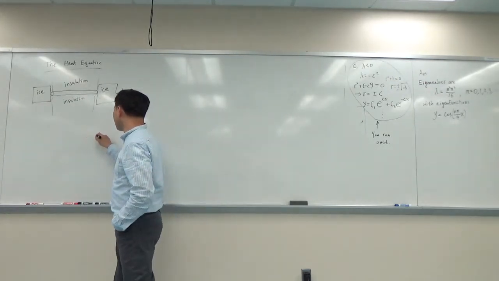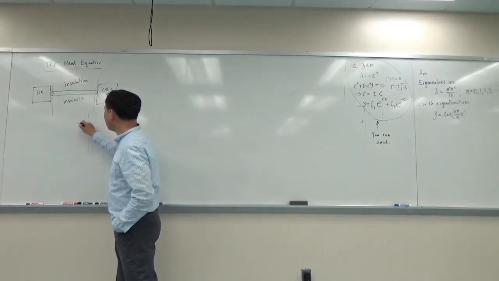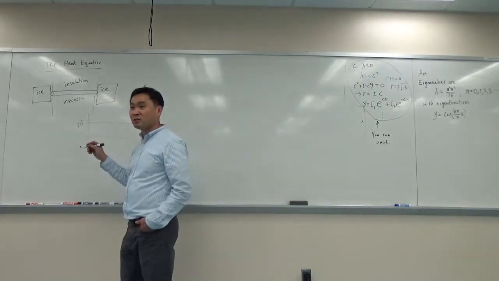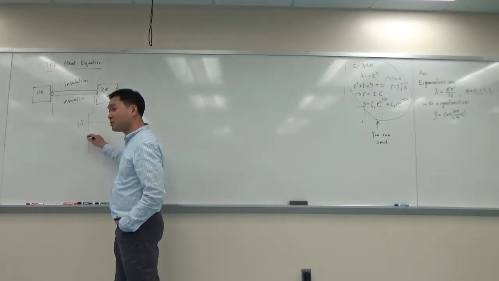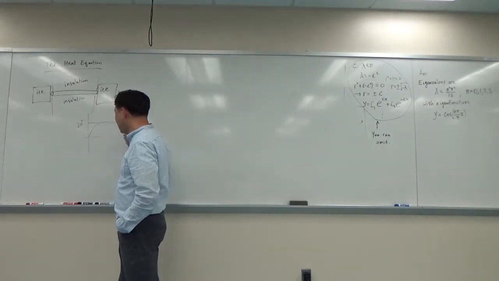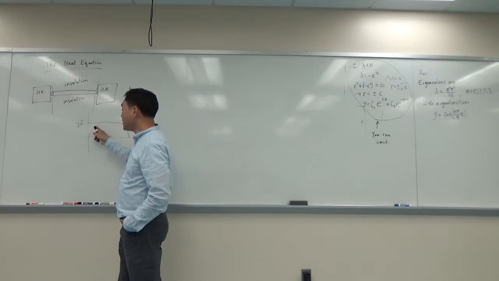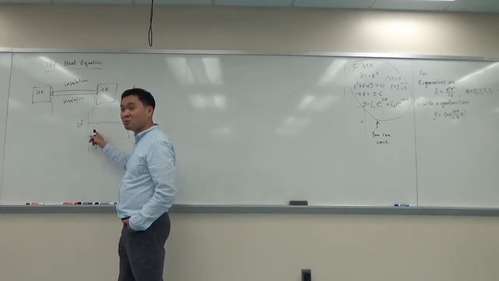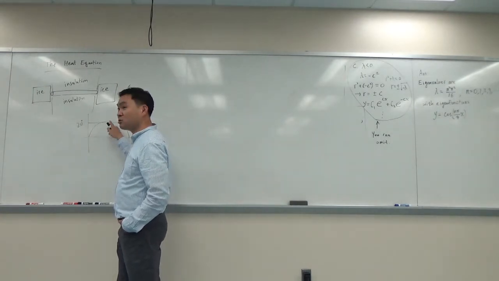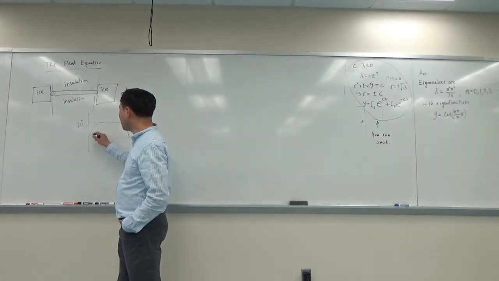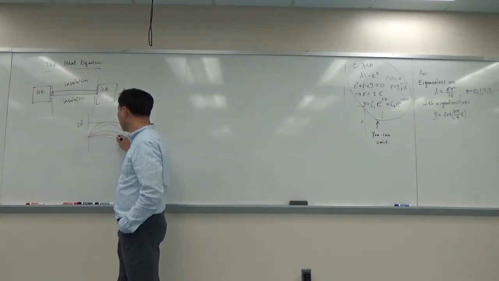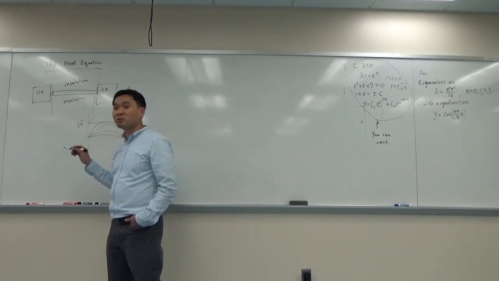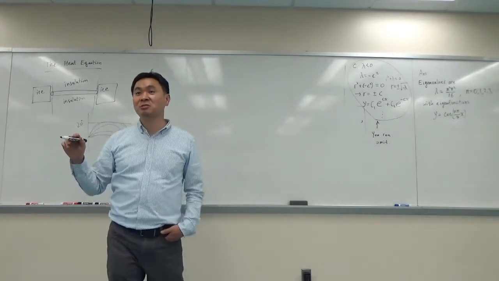Initially it will be 20 degrees Celsius everywhere. But the moment it touches ice at the end, the endpoints will quickly cool down, but it will take some time for that temperature inside to dissipate away. So after some time it's going to be like that, and then gradually everything will cool down, and that's what's going to happen with this system, right?